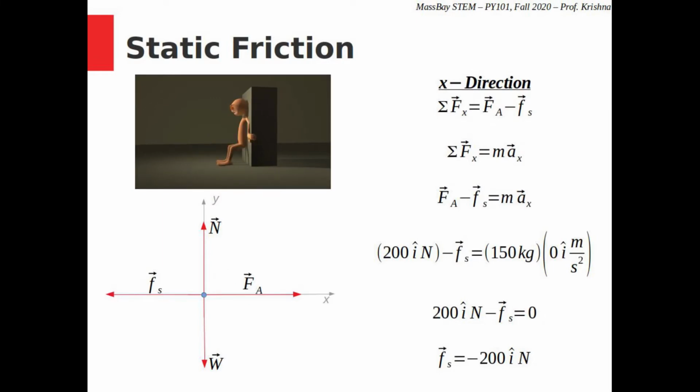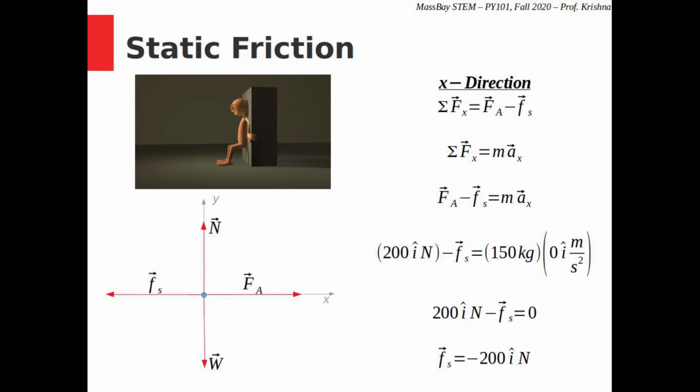Now, suppose you push with 200 newtons of force. Because this is still under the threshold for static friction, the object still won't budge. But the free body diagram now looks like this, and we can calculate that the static friction must now be 200 newtons.